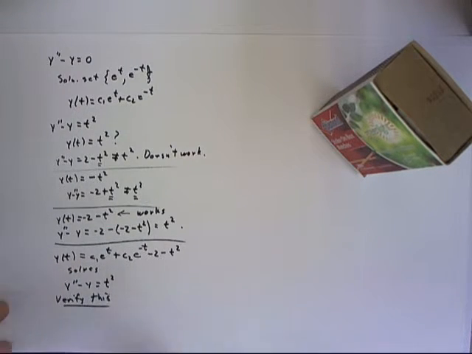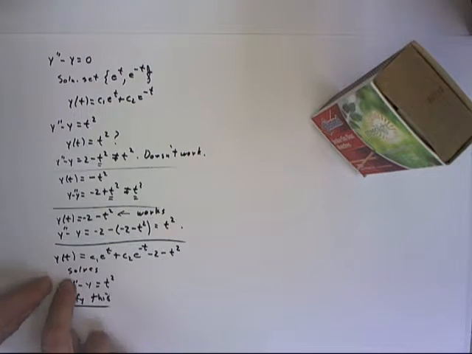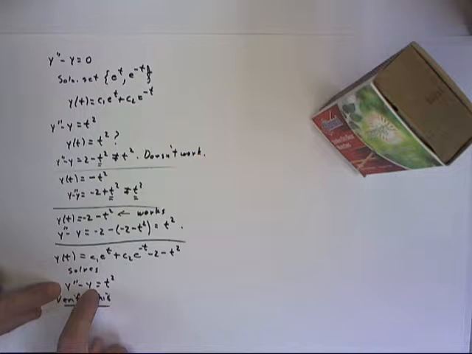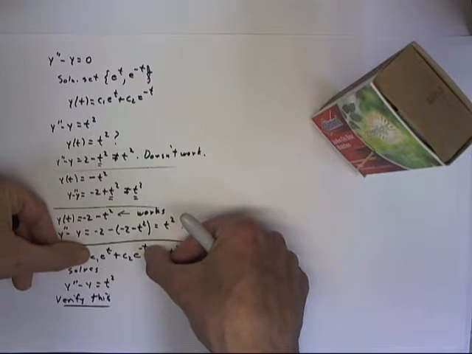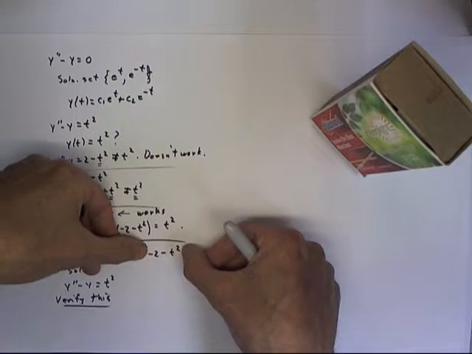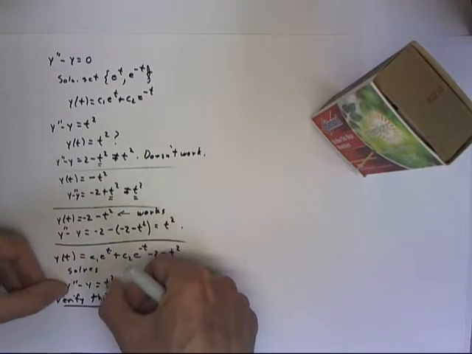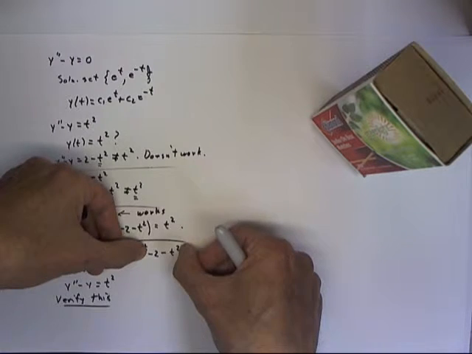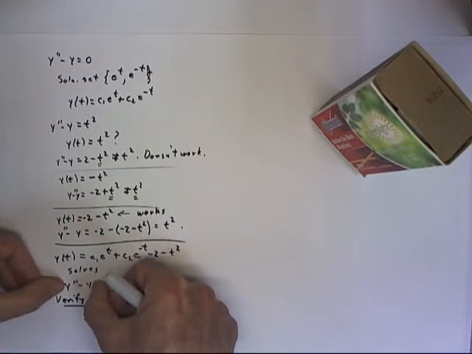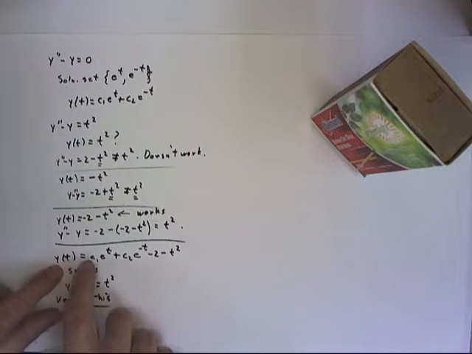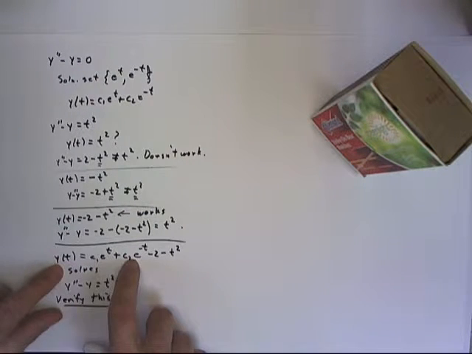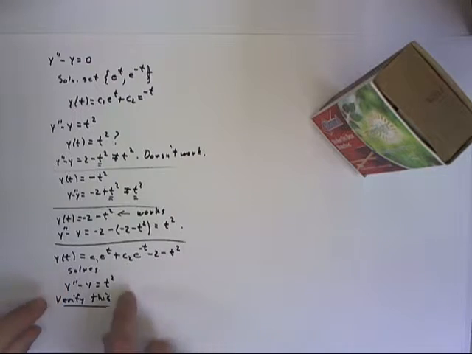And having verified it, you should see very clearly how running this solution through the y double prime minus y yields t squared, and how the fact that this solution gives you 0 when run through the left-hand side, and this solution gives you t squared when run through the left-hand side, guarantees that any solution of this form, no matter what C1 and C2 are, gives a solution to this equation.